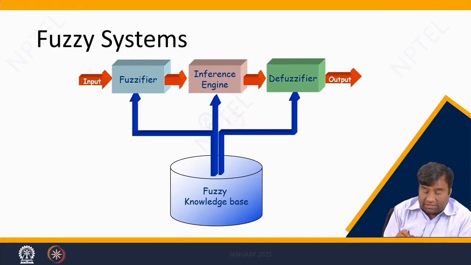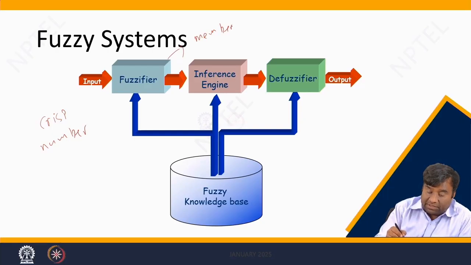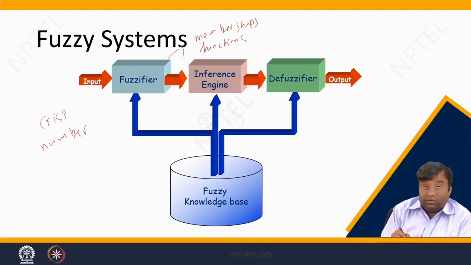We have seen that the steps are: input, where we input the crisp numbers; then for the given fuzzy sets, we obtain the membership functions; then we apply the fuzzy rules, if, and, or, max; and also apply the rules with the fuzzy inference system; then after defuzzification we get the output.